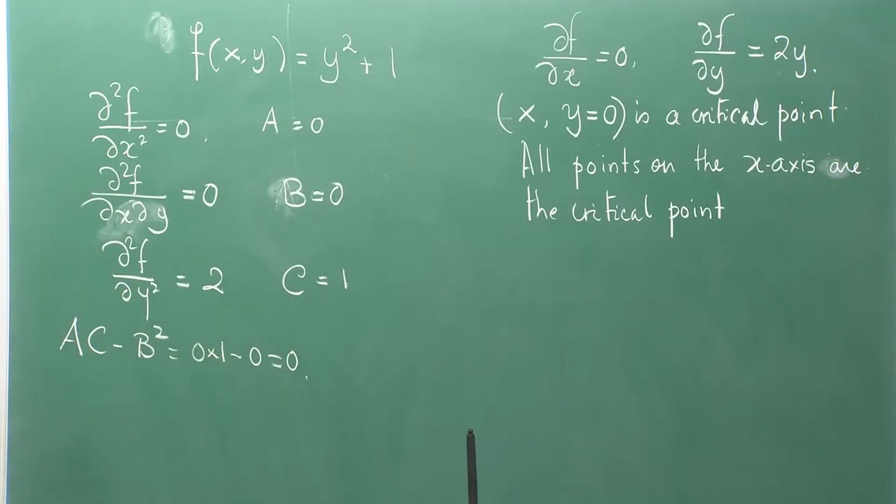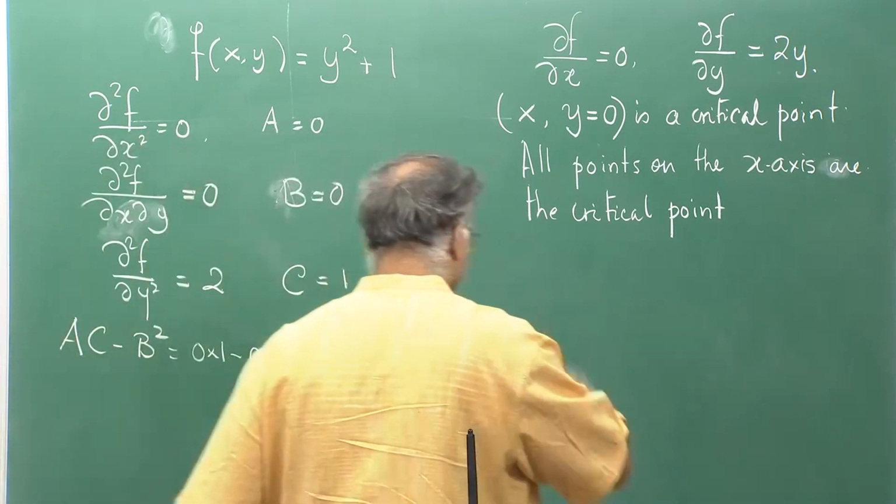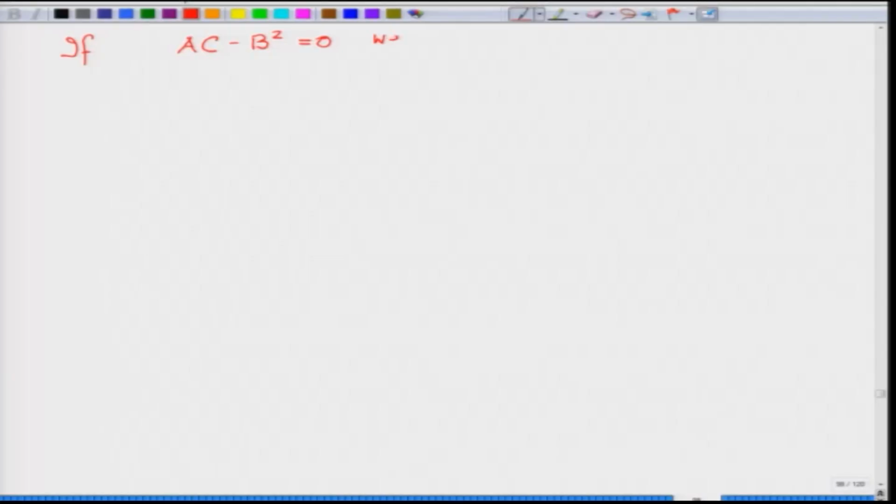So, here is a situation where AC minus B square is 0 and hence we can have more than one critical point. But we will be happy just to keep one critical point, that is 0 0. We will be working with that and then testing whether it is a local minimum, local maximum.